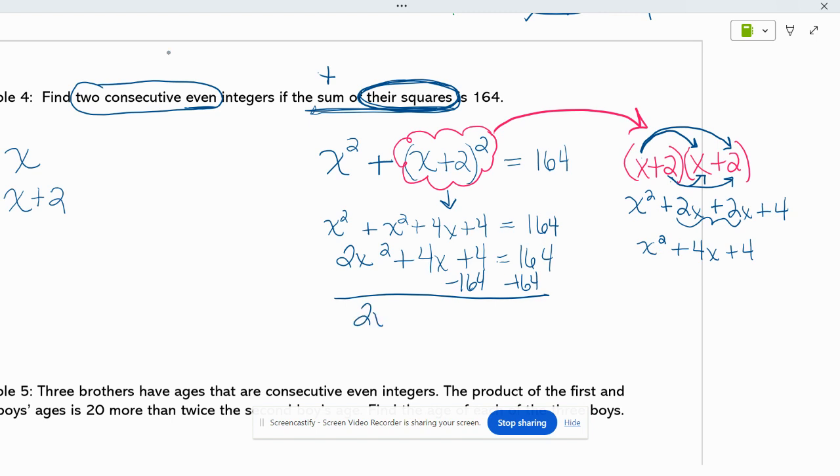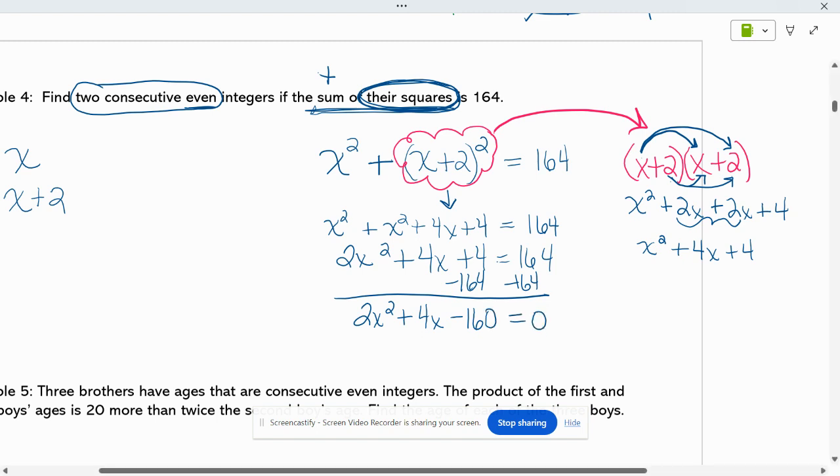So 2x squared plus 4x, and a positive 4 and a negative 164 give me a negative 160 equals 0. Number one rule of factoring. What's the number one rule of factoring? Look for a greatest common factor. Do you see a greatest common factor there between all of those?